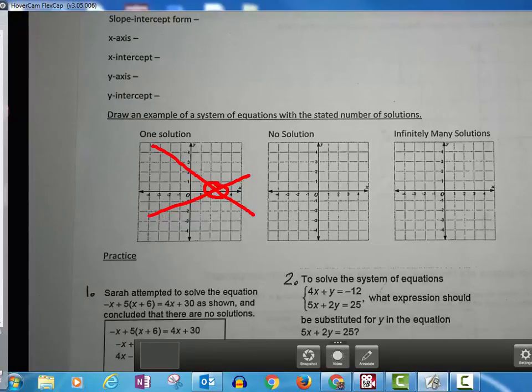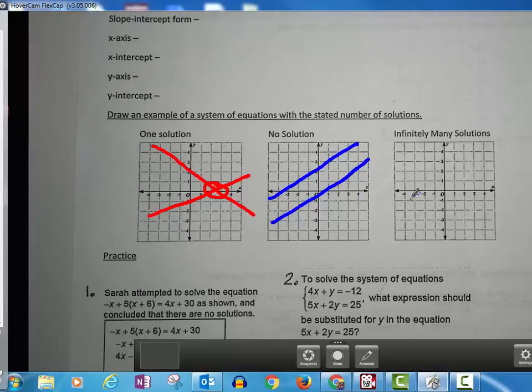Whereas now on the no solution, when you're talking about systems, you're talking about where they have to intersect. Well, if they never intersect, which means you're going to have completely parallel lines, then you're not going to have any solution. So a no solution should be absolutely parallel lines. Now, if you're talking about infinitely many solutions, you're talking about intersecting at every single point on the line.